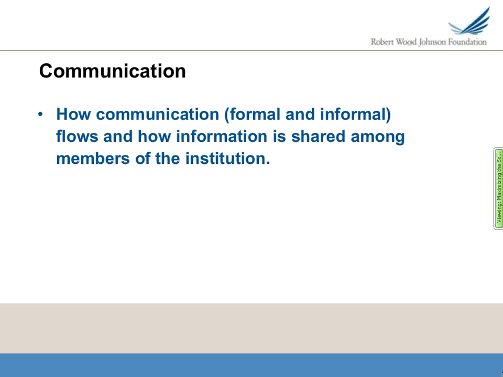Or do you just have to be surprised when you find out and hear from somebody else, oh, did you hear this happened here? This is really important: how communication is shared, the networks that develop within an institution, and how information is passed around. And you obviously want to be in a place where information flows, where there aren't any secrets. You feel much more comfortable when you know what's going on.